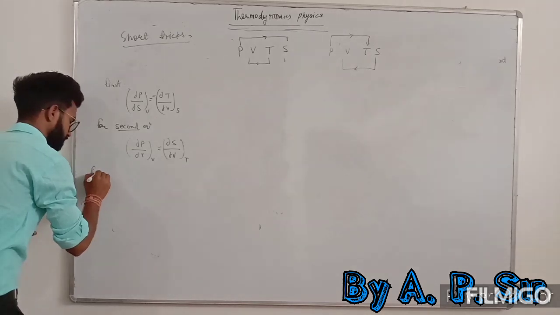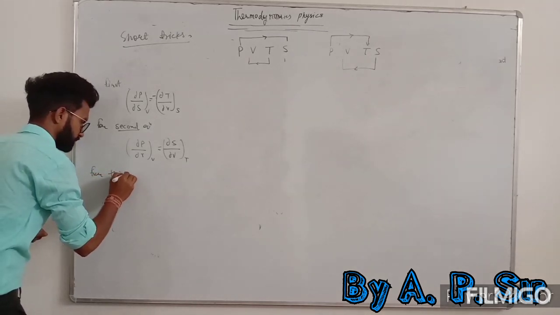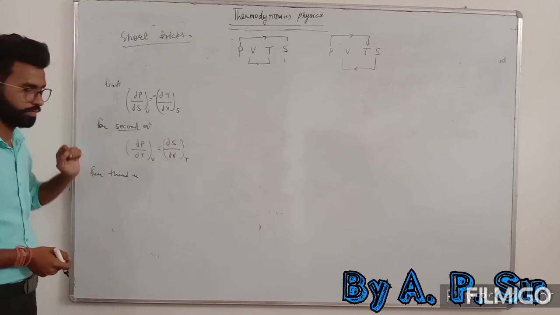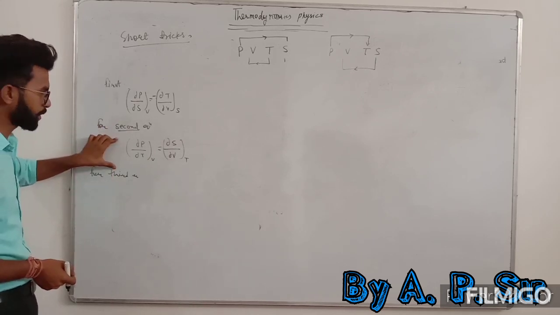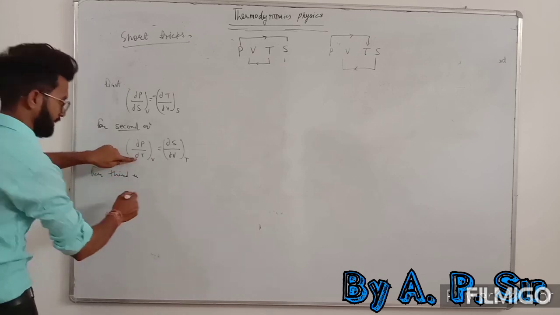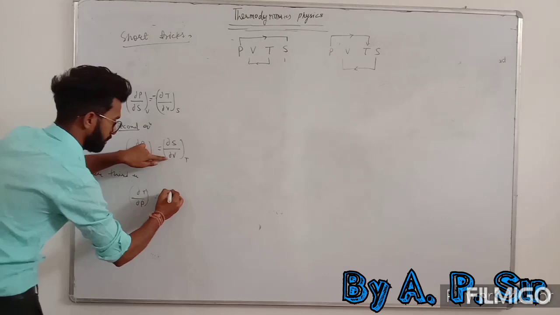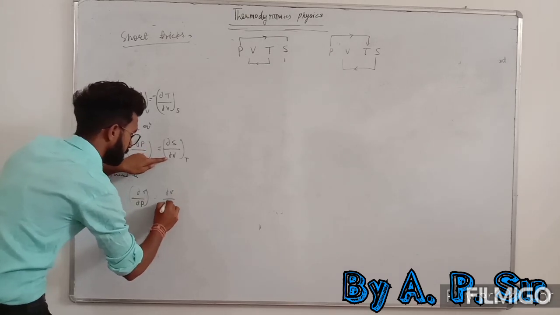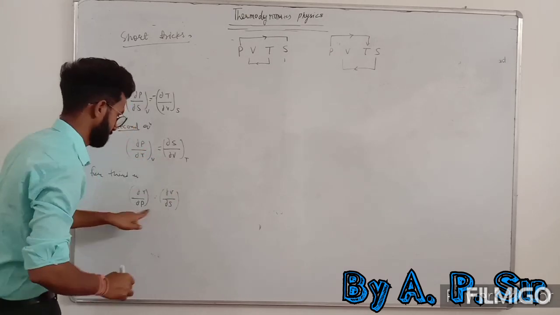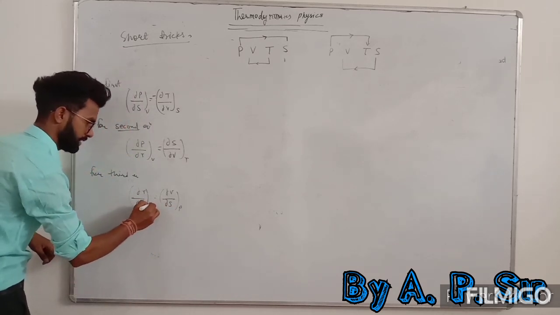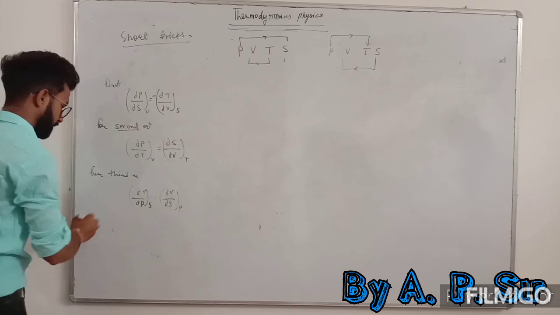For the third equation, we take the reciprocal of the second equation, then del T upon del P, del V upon del S. Their P constant and their S constant.